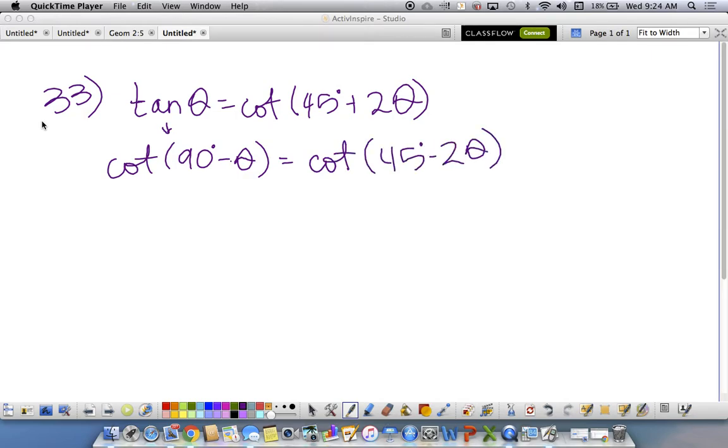We already know what we're solving for. If you want to solve for theta, what do you know about two things that are cotangent of some angle equals cotangent of some other angle? What do you know about those two angles?